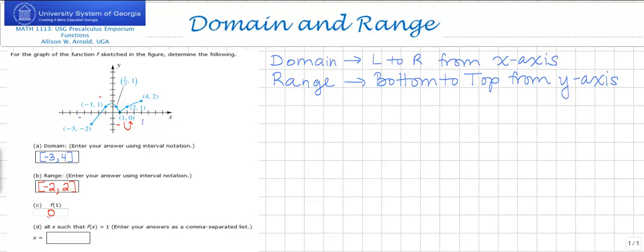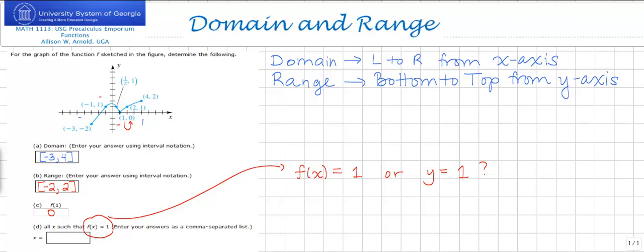The last part of the question is to find all the values of x so that f of x equals 1. Remember, f of x is the same as saying y. So you're really saying when are the y coordinates 1? For which x values?